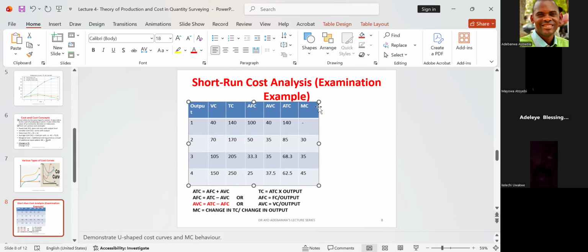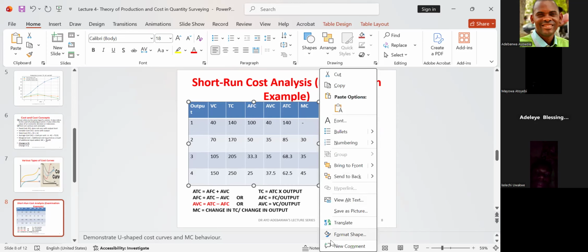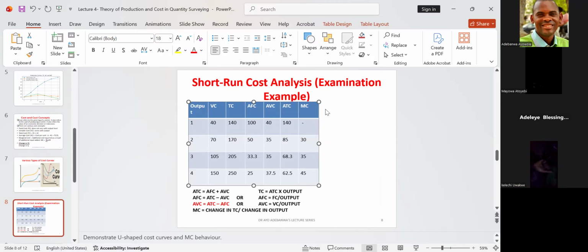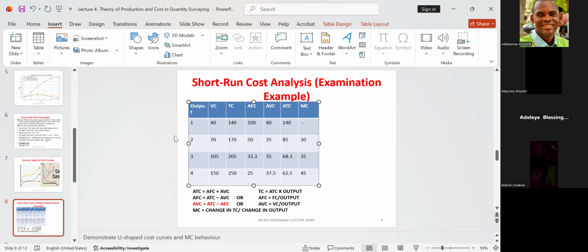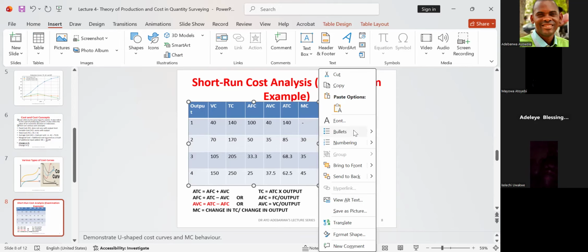I'm also trying to... Normally, I click left, but it's not giving me. Oh, how do I do it now? How do I insert it? Today is not a good day for me.